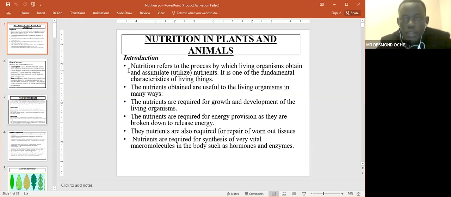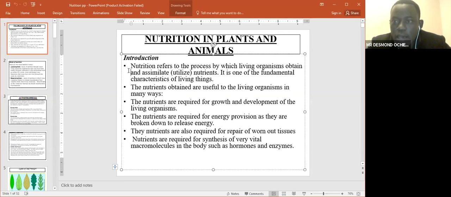Okay, so nutrition in plants and animals is going to be our topic of study starting today. I know we may not be able to look at everything today, but we are hopeful that when we open the school, we will be able to proceed from where we stop today, because I know this is going to be our last class for the term.